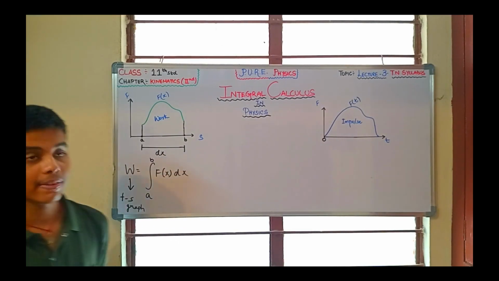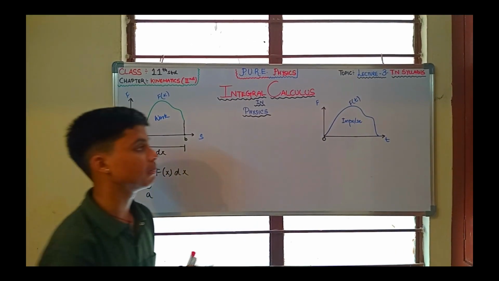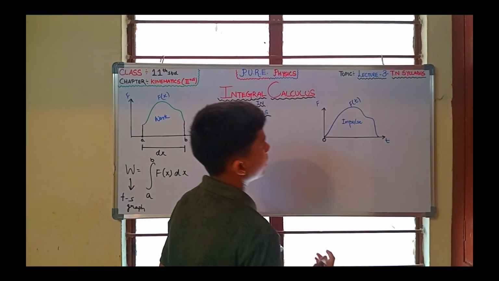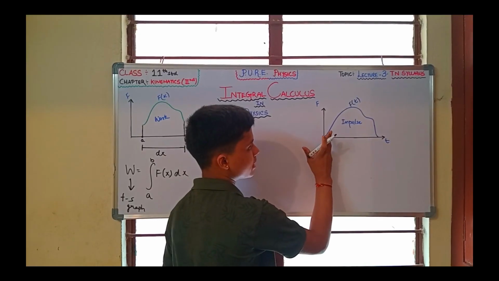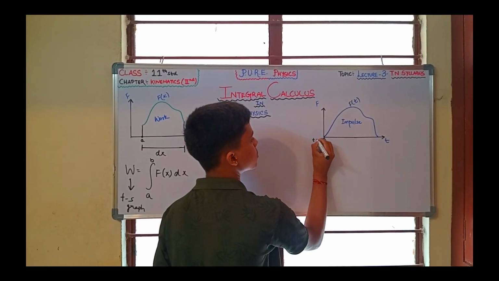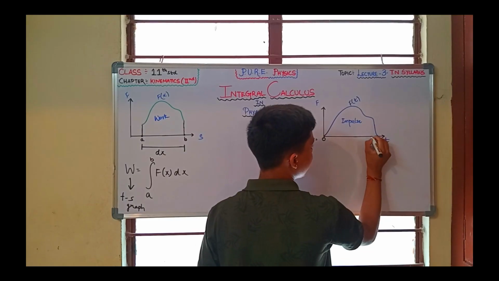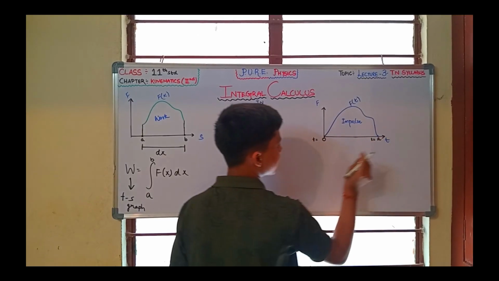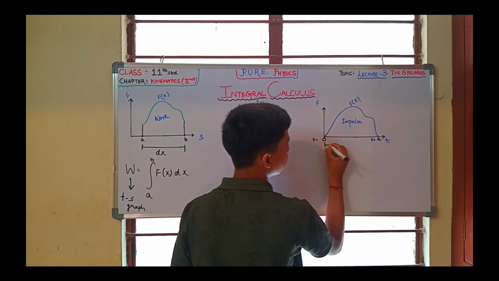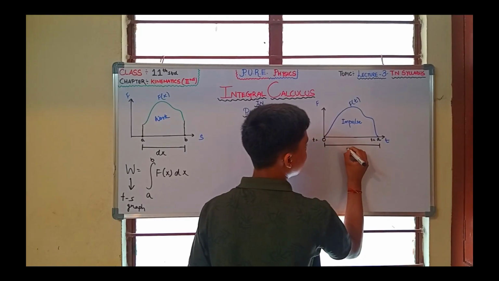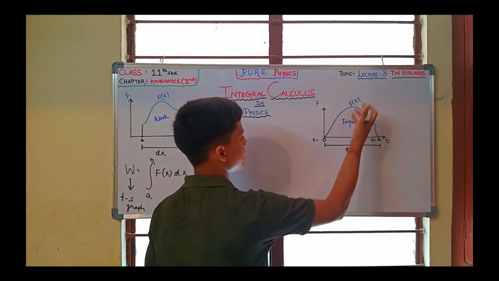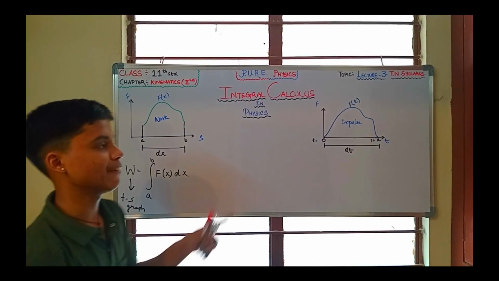Now, when we come to the impulse graph, it always starts from the origin, that is at time t equal to 0. Now this is point A. I'll take this point A at time t equal to A seconds. So this is nothing but the time interval dt, and this is the function of the curve, which is f of t.